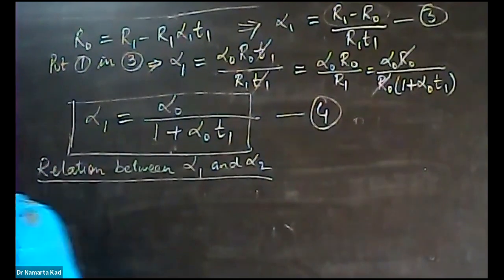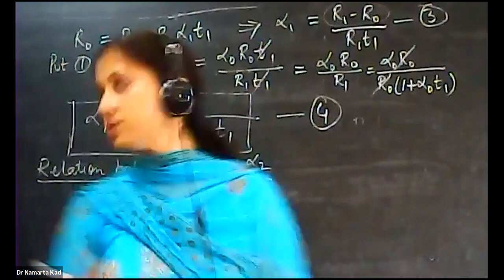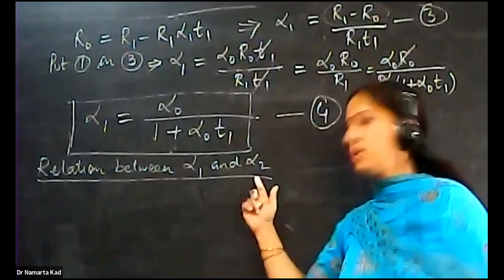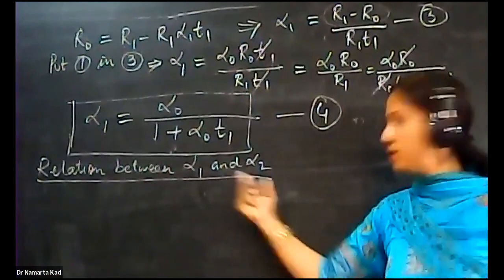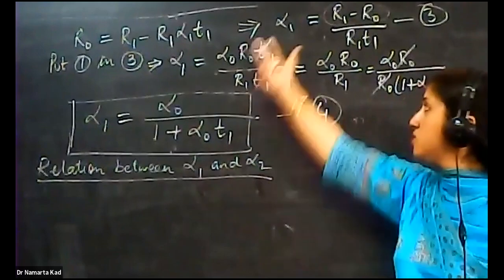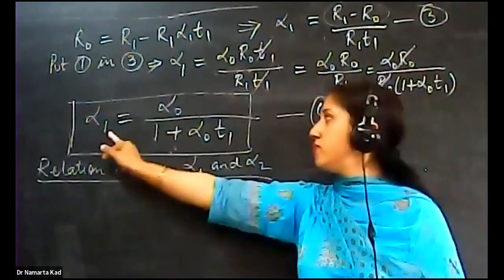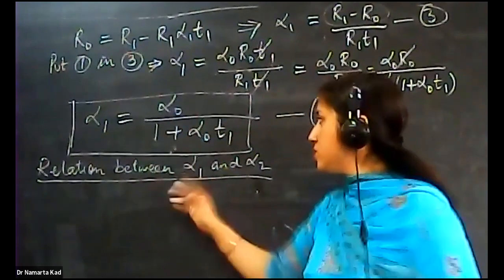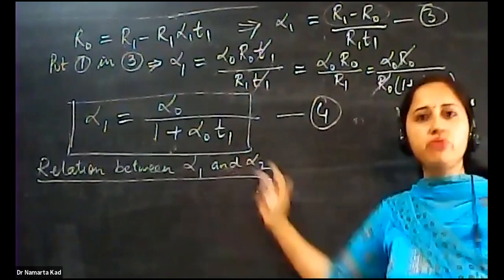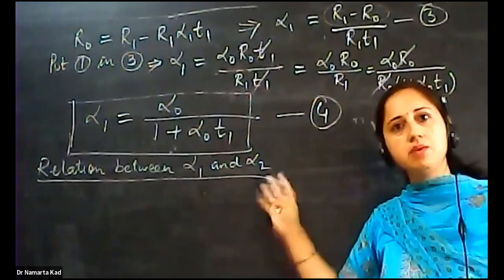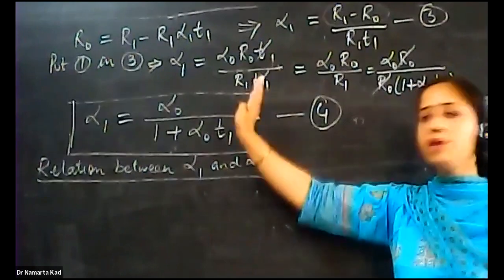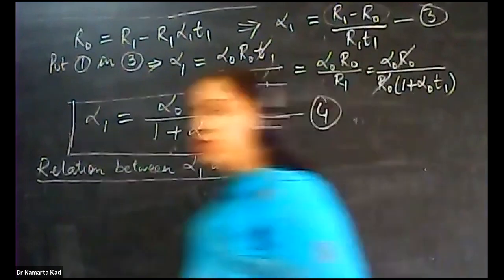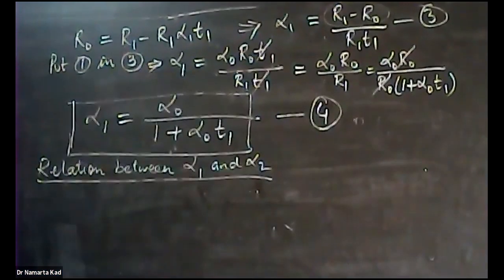Alpha 1 is the temperature coefficient at T1 degree C and alpha 2 is the temperature coefficient at T2 degree C. There are two different temperatures, whereas in the first derivation, one temperature is T1 whereas the other temperature is 0. In this second derivation, there are two different temperatures, maybe 20, 40, maybe 30, 60, whereas in the first, one temperature is 0 and the other may be any.